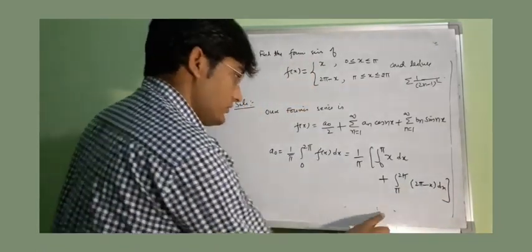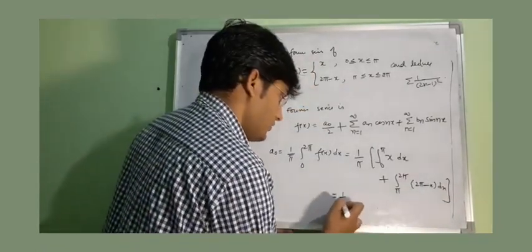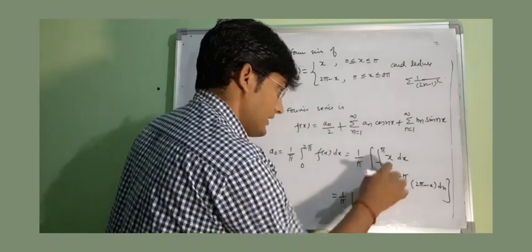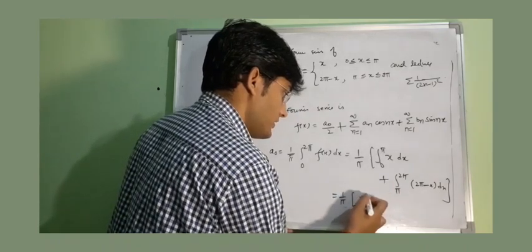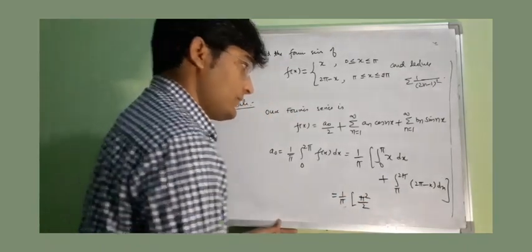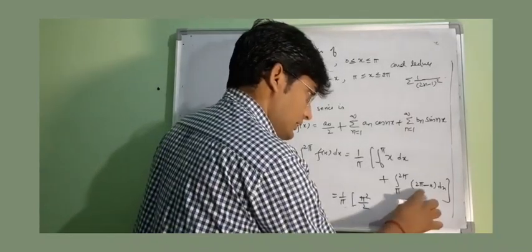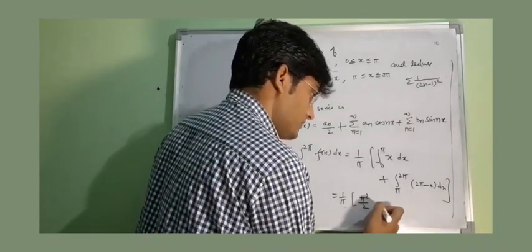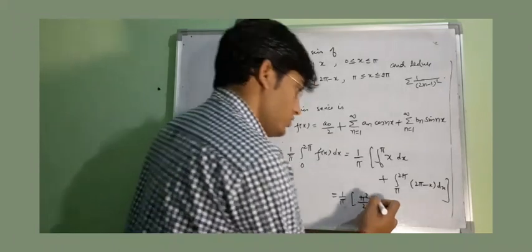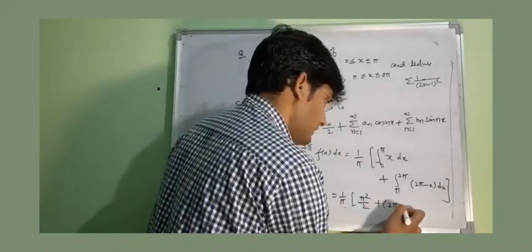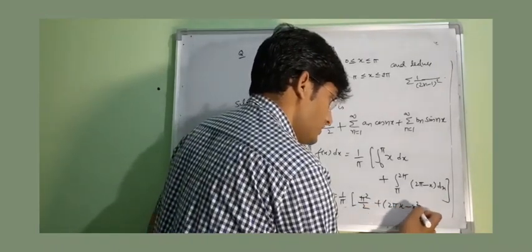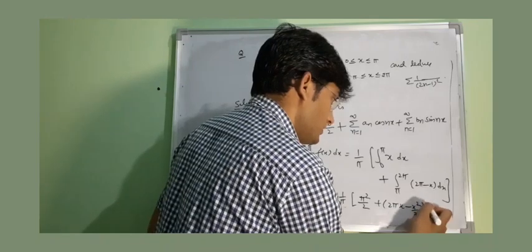So this is equal to 1 upon pi. Now the integration of x will be x square by 2, with limits 0 to pi, and the integration of 2 pi minus x will be 2 pi x minus x square on 2, with limits from pi to 2 pi.